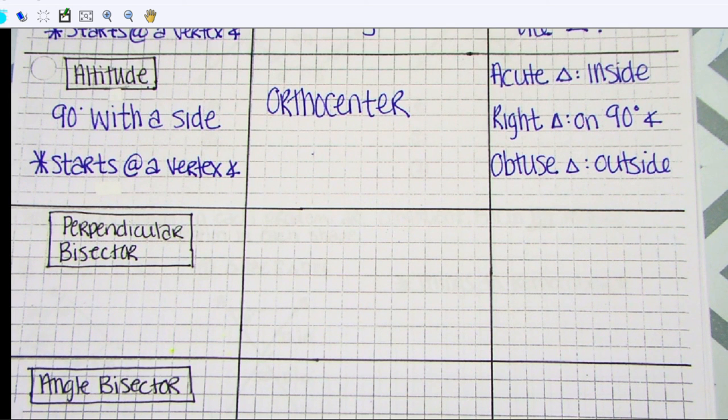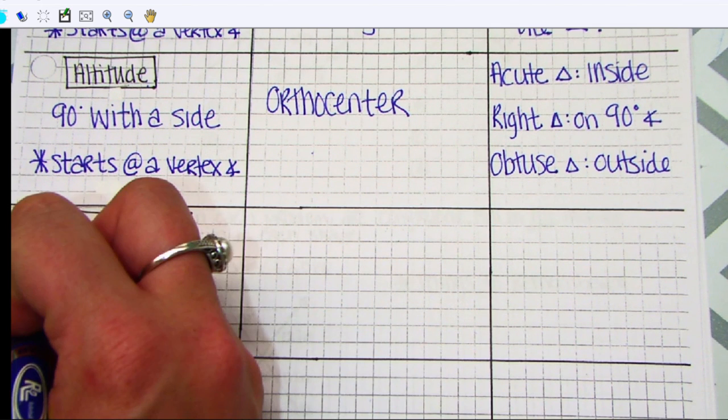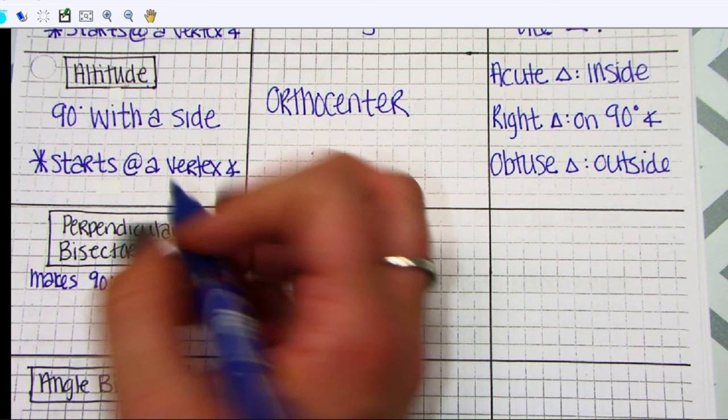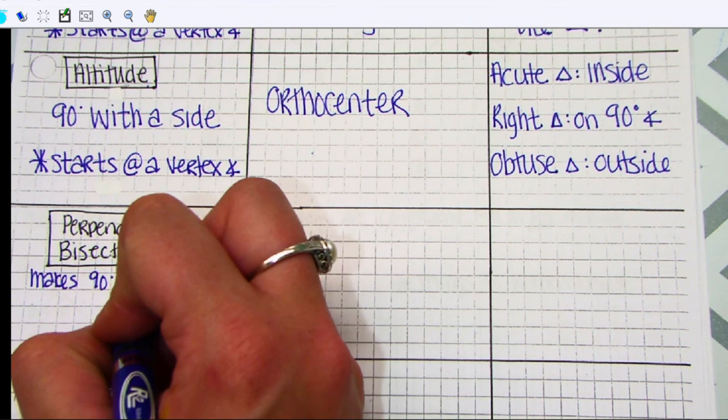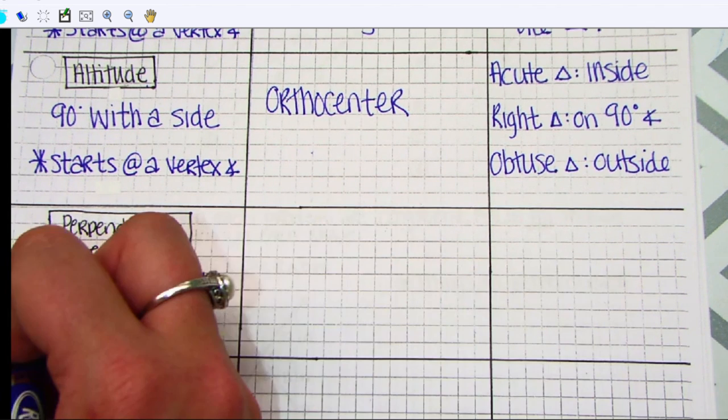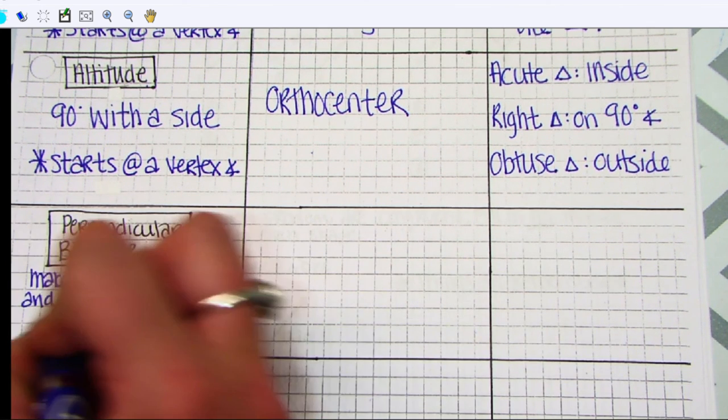What else does it do? Make any certain measure? Yes, 90 degrees at the opposite side. So this makes 90 degrees with the side and goes through the midpoint.